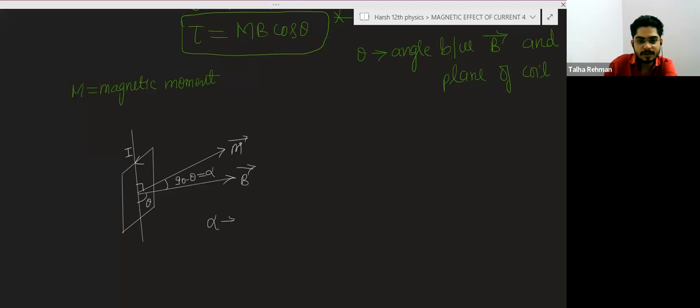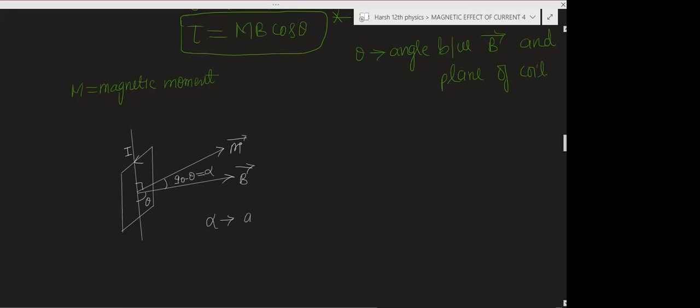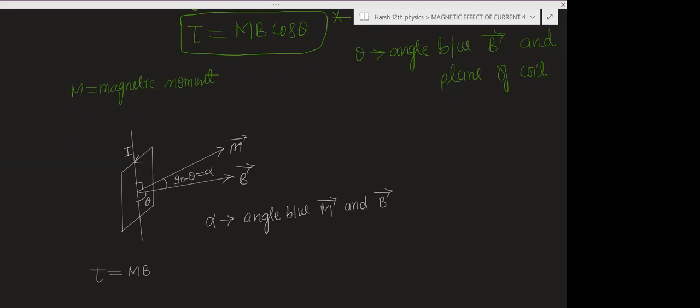What is alpha? Alpha is the angle between the magnetic moment vector and the magnetic field vector. We have the formula of torque M B cos theta.